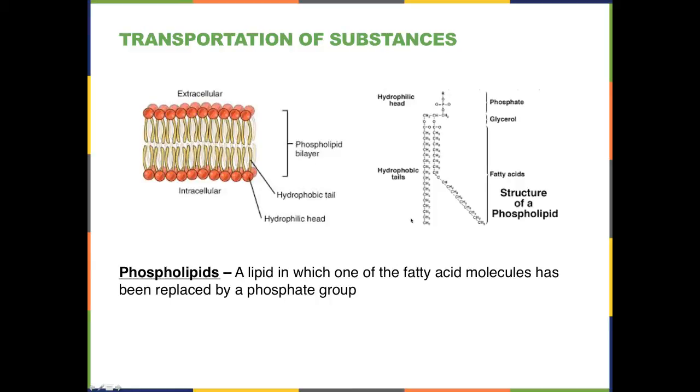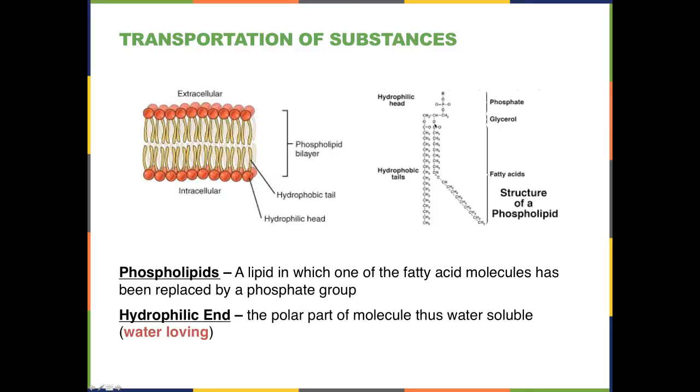A phospholipid is a situation where one of the fatty acid molecules of the lipid has been replaced by a phosphate group. This is the phosphate group up here. And so what you have is glycerol, which is this molecule right here.